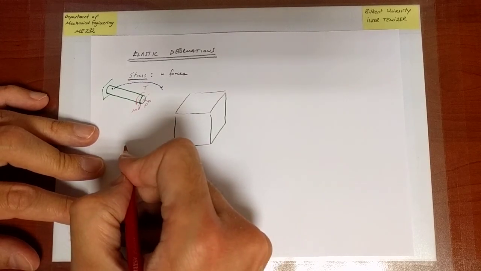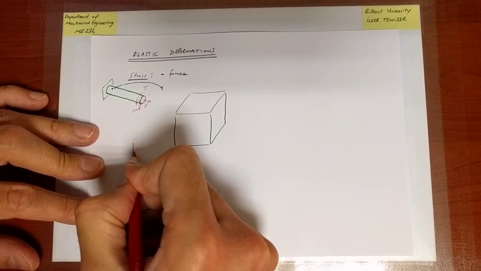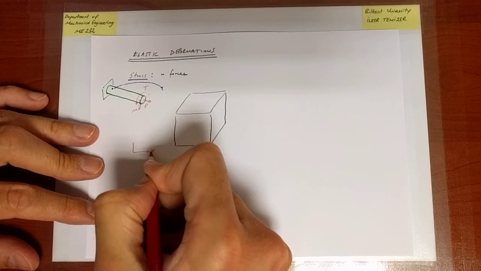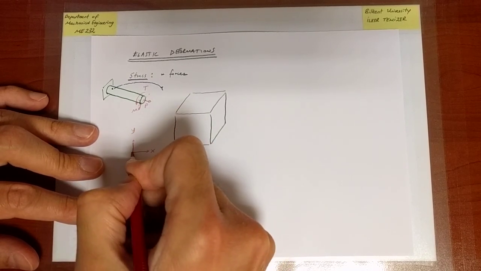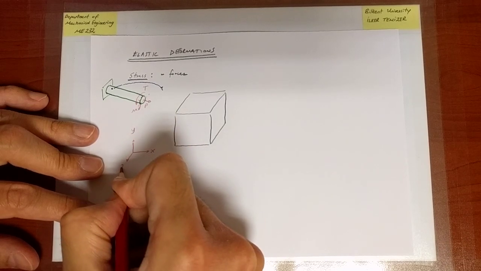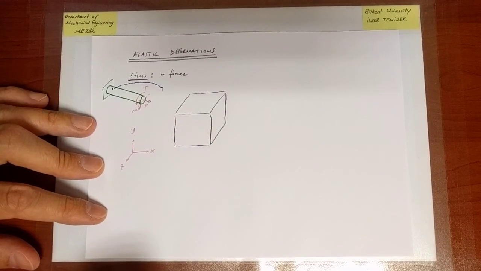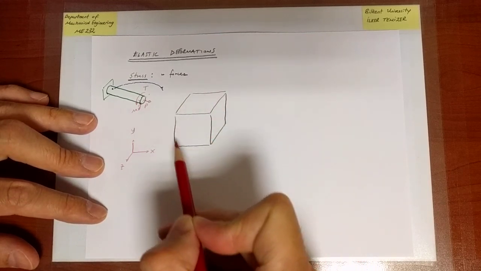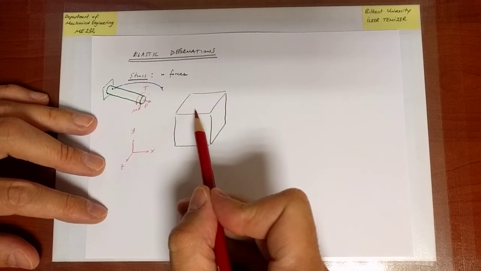We will eventually need a coordinate system. Let us call this direction x, that direction is y, and the third direction is z. So I am not looking at a structure which is in the form of a cube.